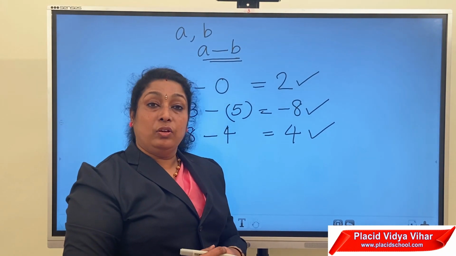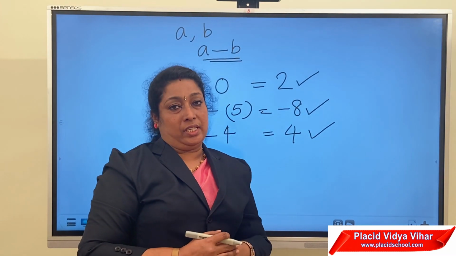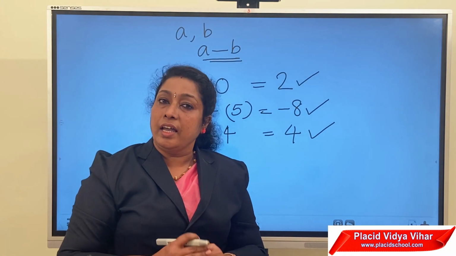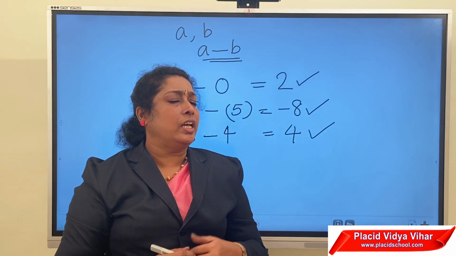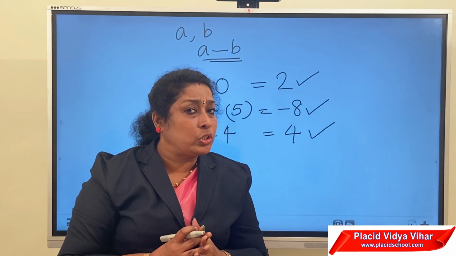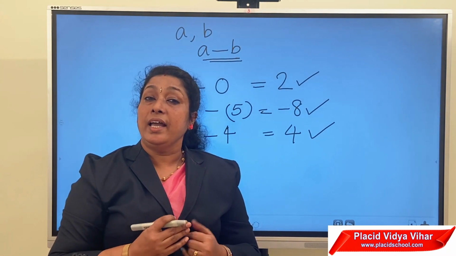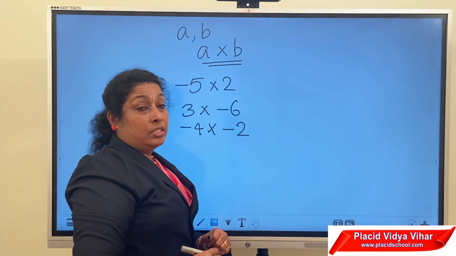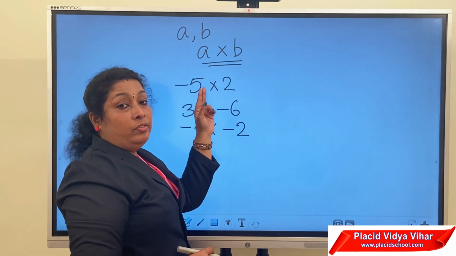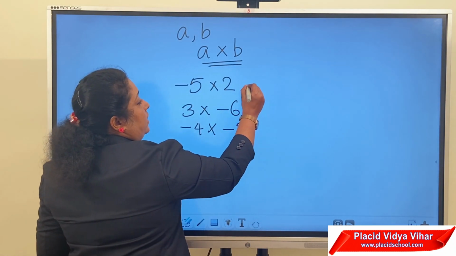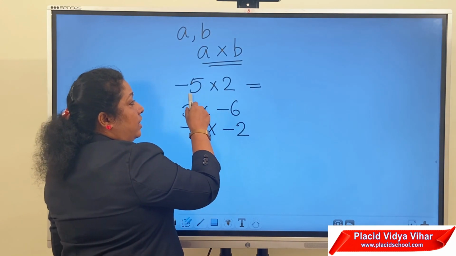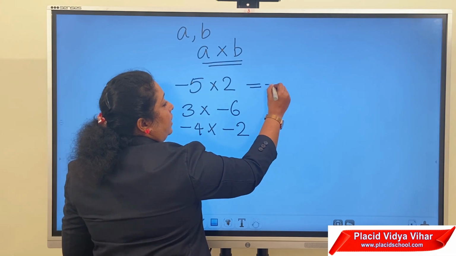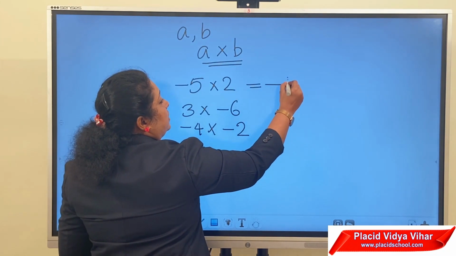Next, we can look at multiplication. That is, if we have two integers a and b, let us check whether a multiplied by b is also an integer using some examples. Look, here are some examples. Negative 5 into 2. Now we studied that a negative integer into a positive integer, the answer will be negative. 5 into 2 is 10.